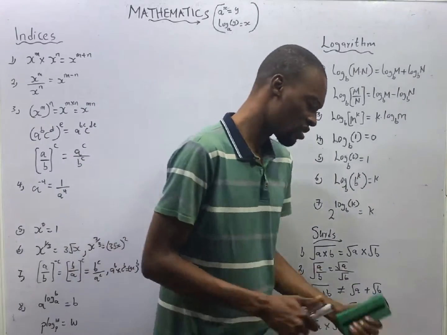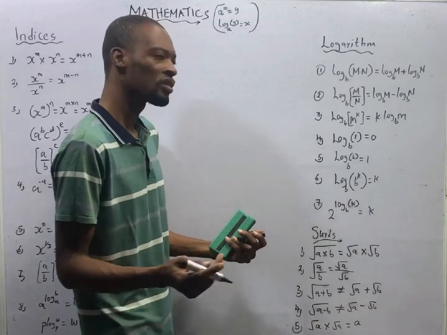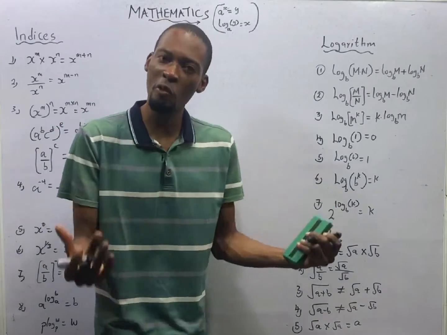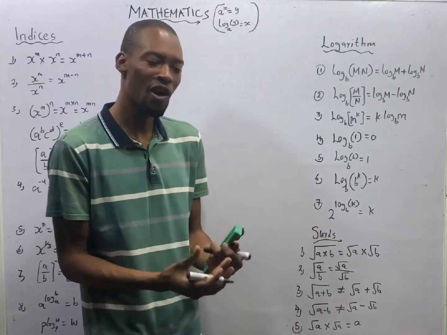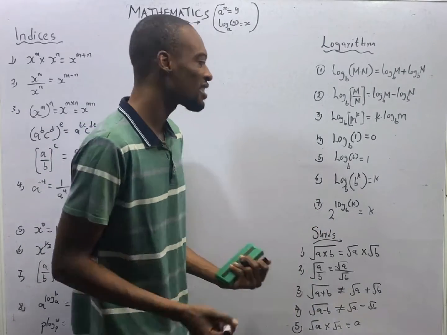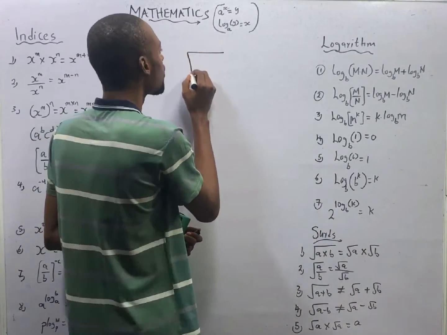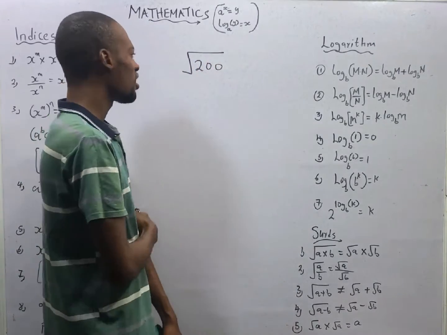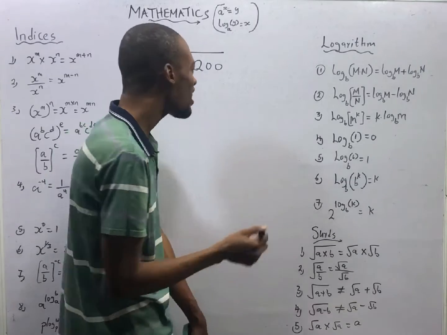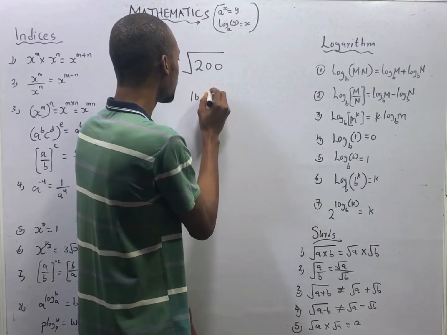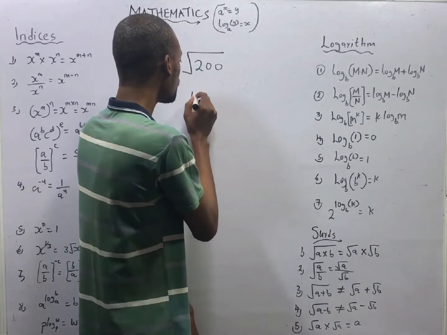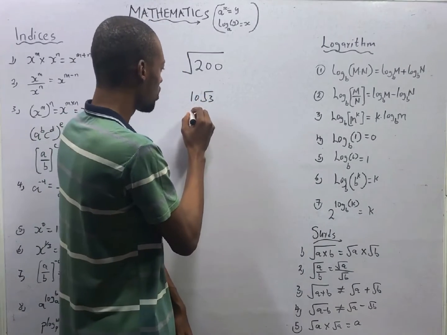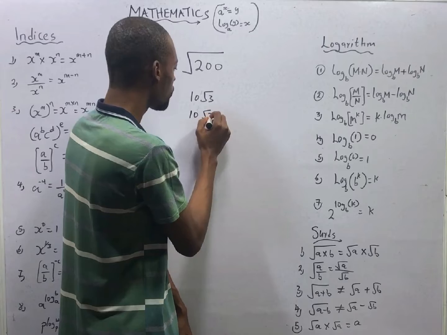Look at something. After solving a mathematics problem or a physics problem, variation question, integration question, or whatever, you arrive at an answer: square root of 200. Then you see options. A, 10 root 3. Option B, 10 root 2.